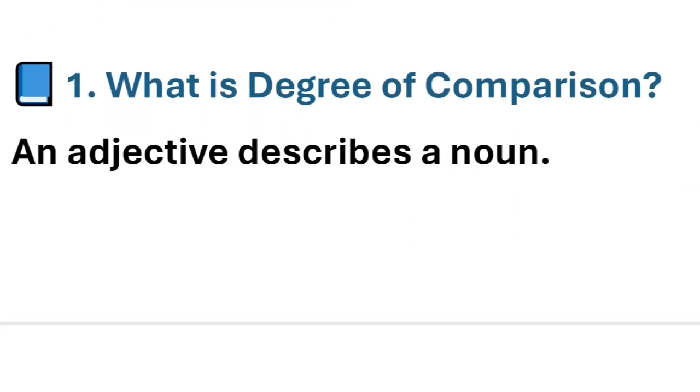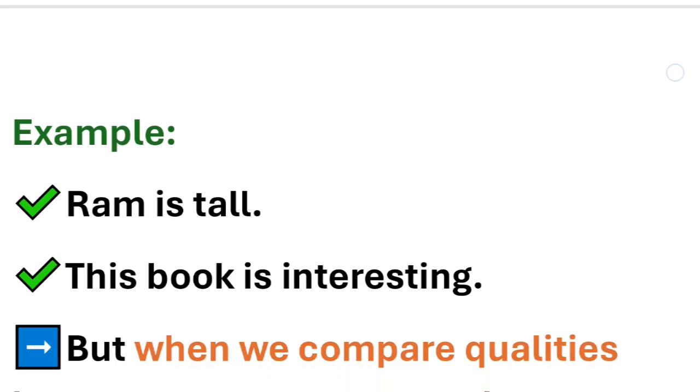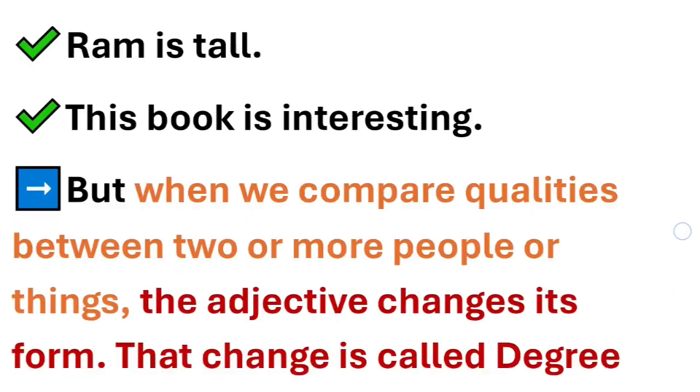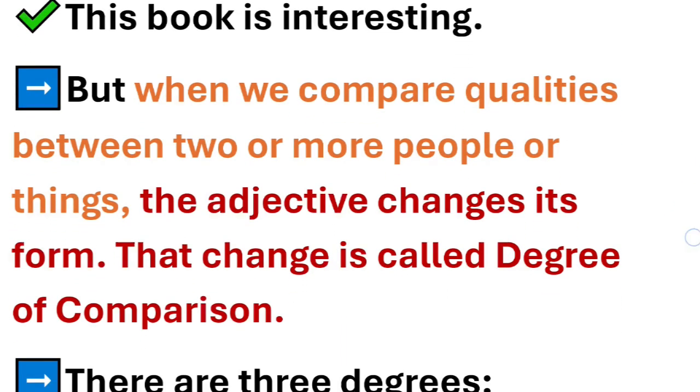But what is a degree of comparison? Let's talk. An adjective describes a noun. We all know this. Adjective talks more about the noun. For example, Ram is tall. This book is interesting. So tall and interesting are giving more information about the respective nouns. But when we compare qualities between two or more people or things, the adjective changes its form.